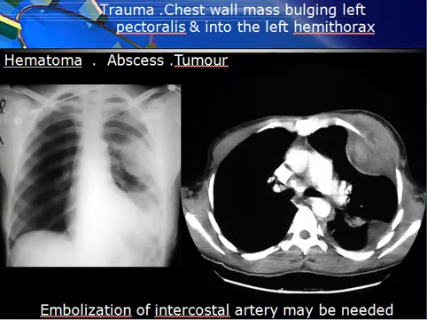A chest wall mass bulging the left pectoralis and onto the left hemithorax. The differential diagnosis is an abscess or tumor, and here we notice that there is still fresh blood seen, and this may need embolization of the intercostal artery.